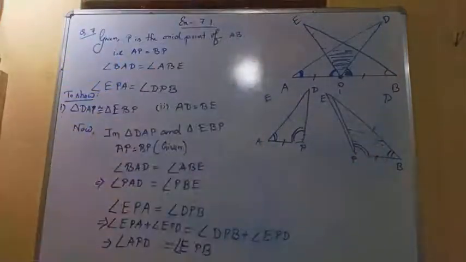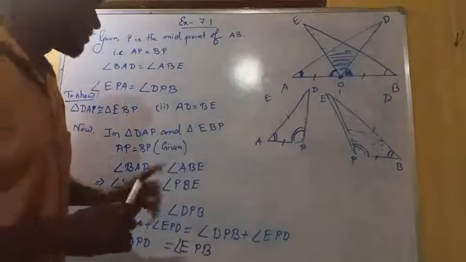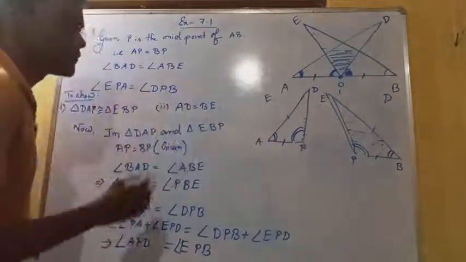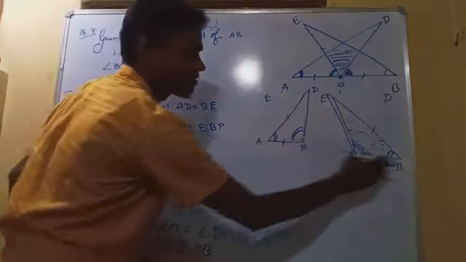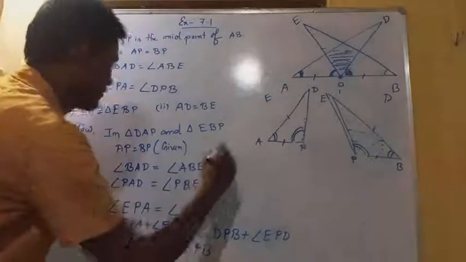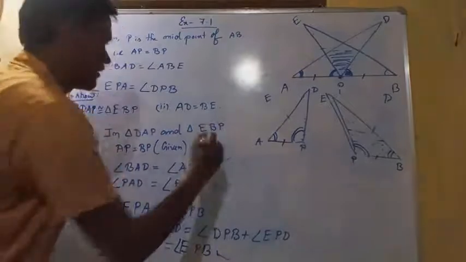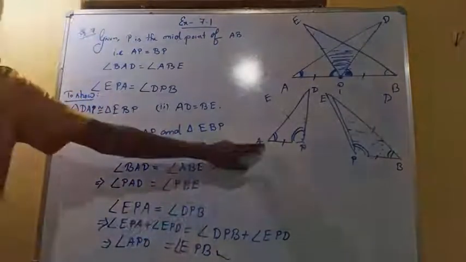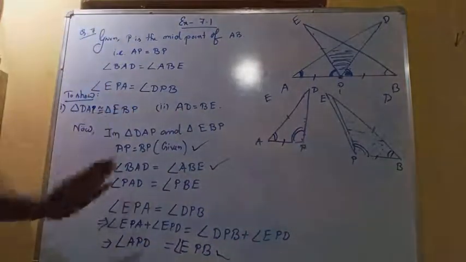Now look. The two triangles that I have written here, according to the angle side angle rule. This one also I can write by the angle side angle rule. Look here: this is the angle, this is one more angle, and this is the side. So according to the angle side angle rule, both the triangles are congruent.